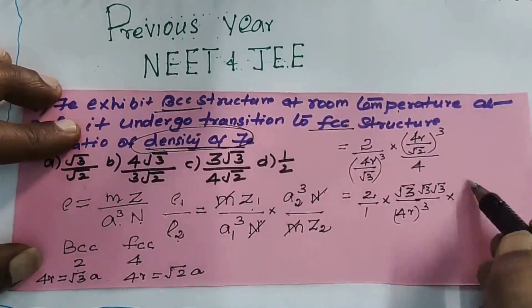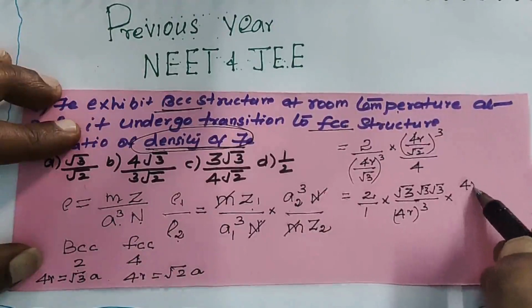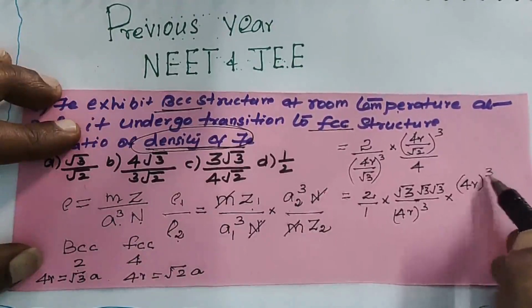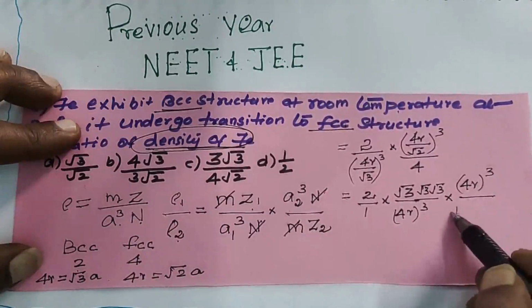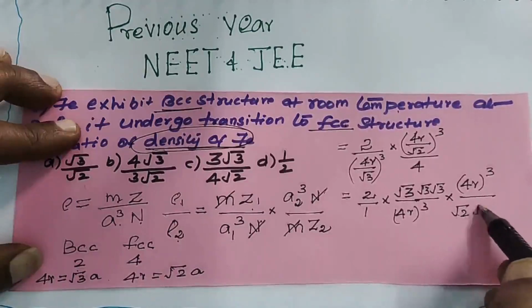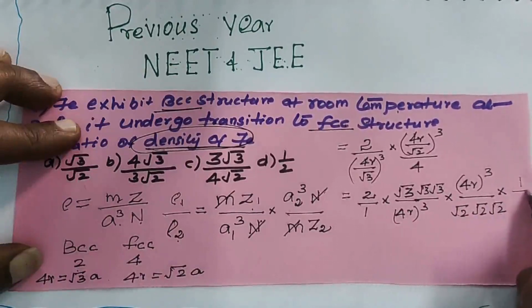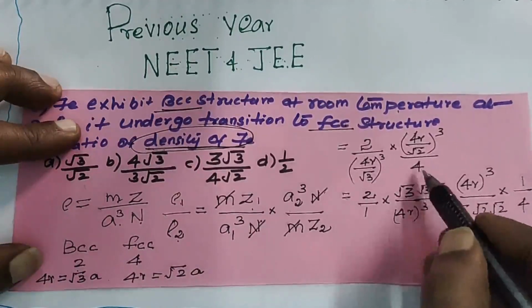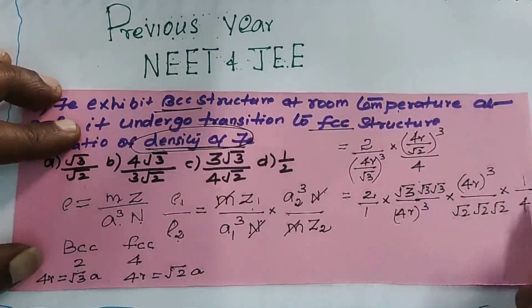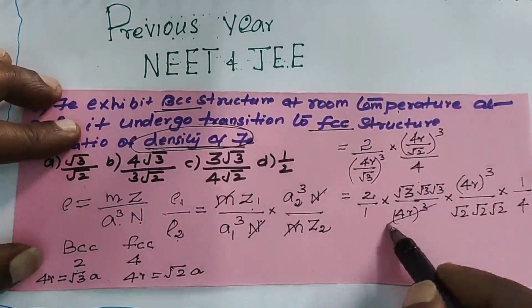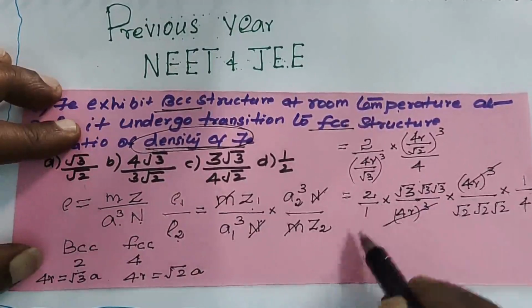Here also 4r the whole cube divided by root 2 into root 2 into root 2, and 4 by 1 is taken as 1 by 4. So the 4r cubes cancel.